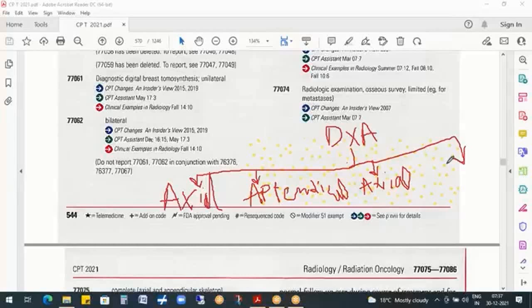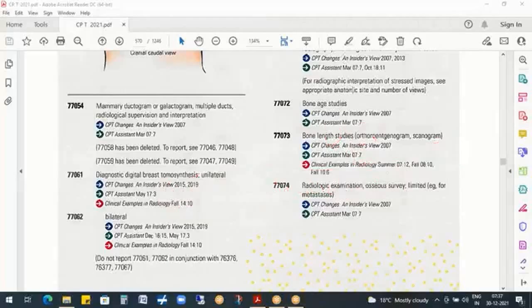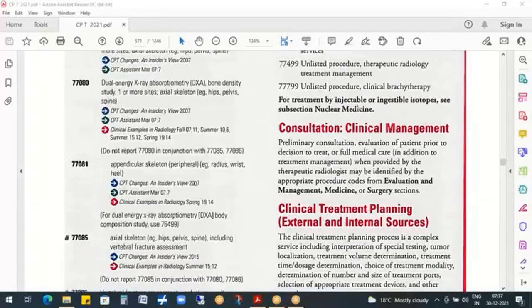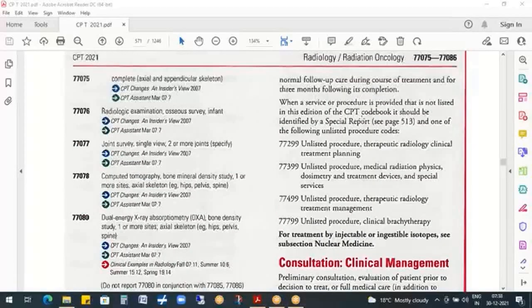Now you can see the codes. Can you see the code 77080, page number 545?